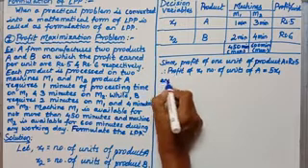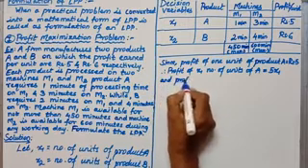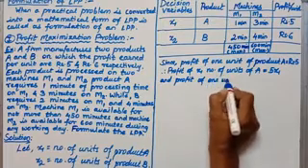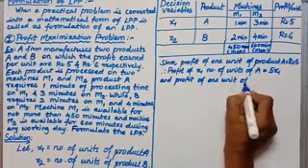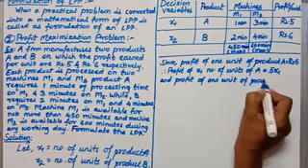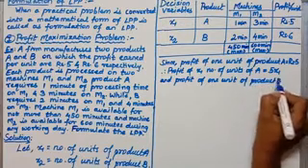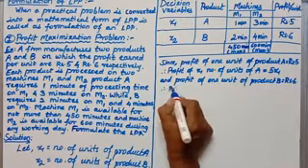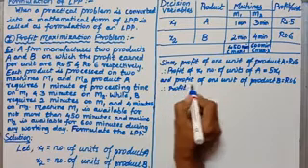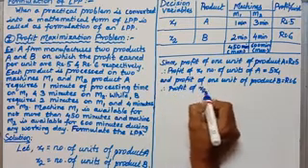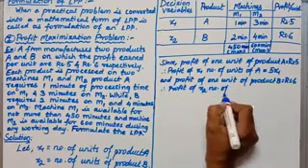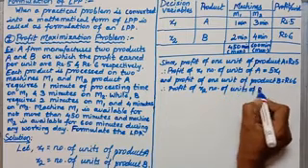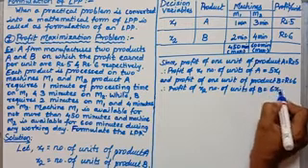And the profit of 1 unit of product B is rupees 6. Therefore, the profit of x2 units of B equals 6x2.